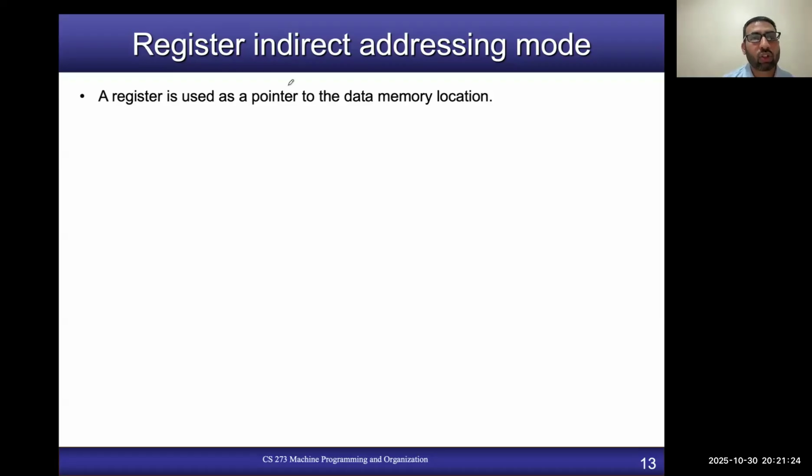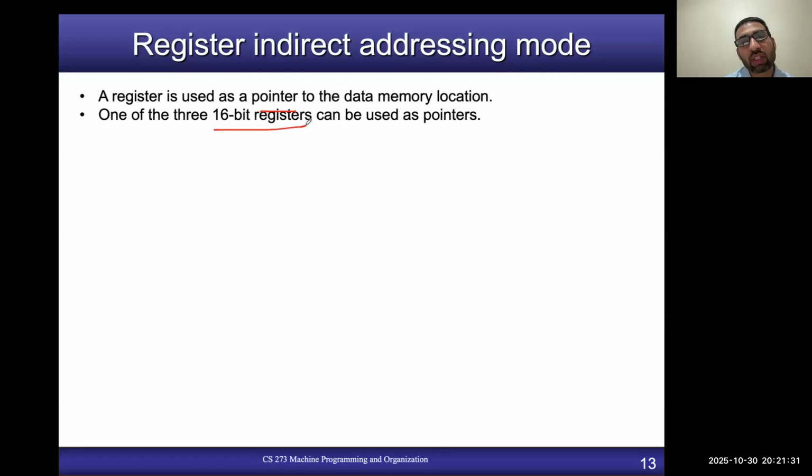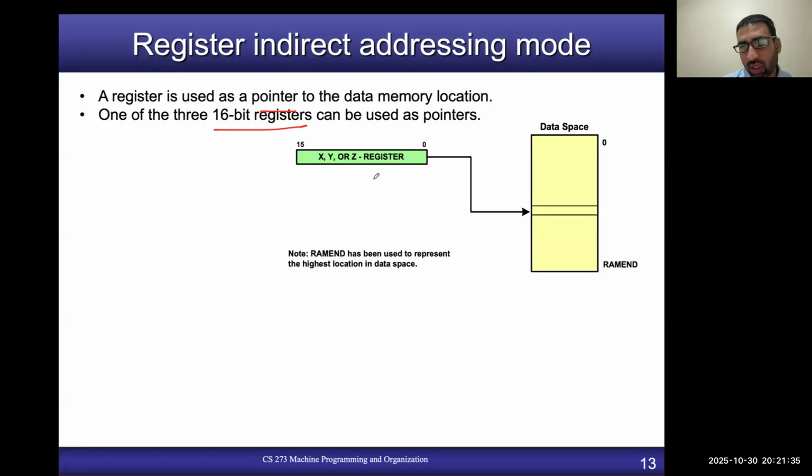Okay. So a register is used as a pointer to the data memory location, and one of the three 16-bit registers can be used as a pointer. So this is how it looks. You put a value in the register, and that register can be X, Y, or Z. Then the value is used to point to the memory location, and from that memory location you actually read or write data.